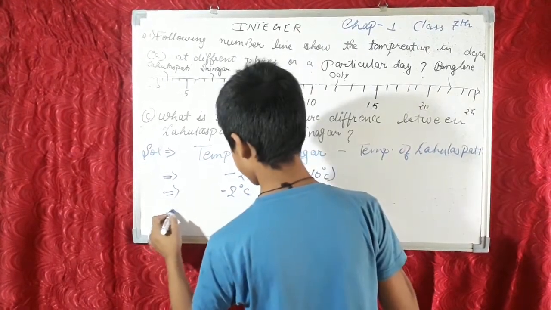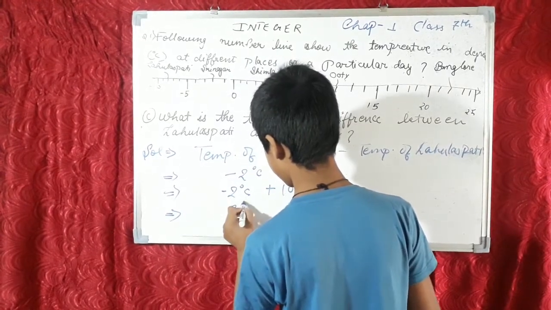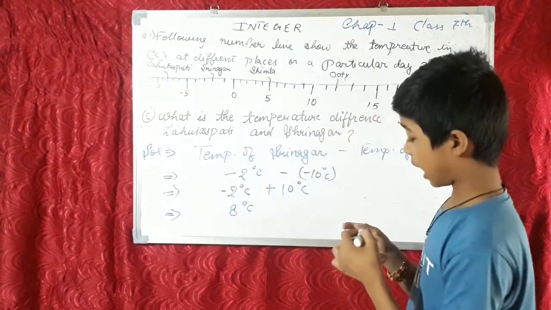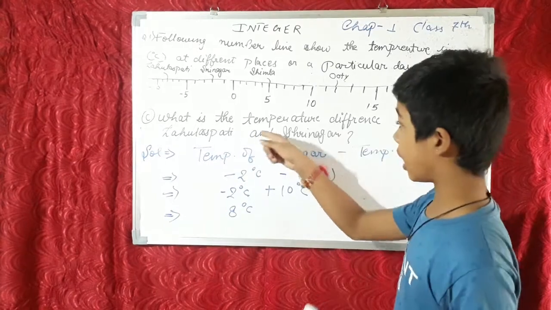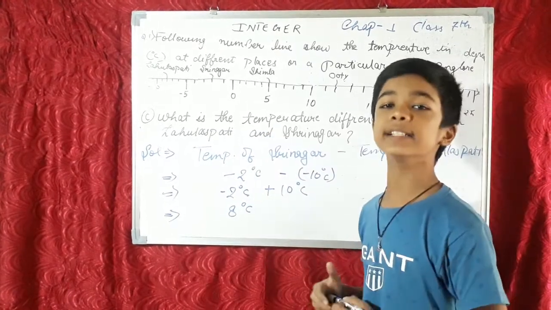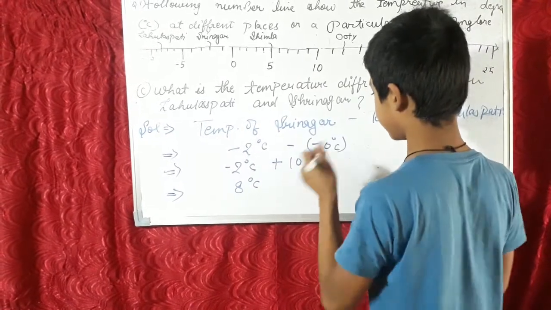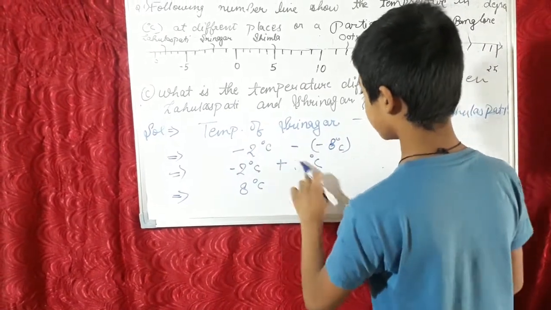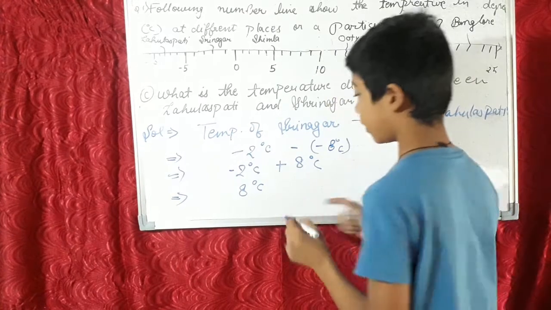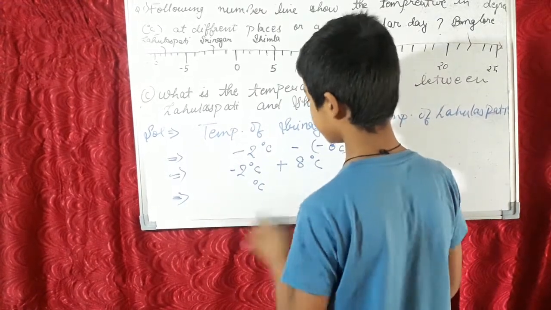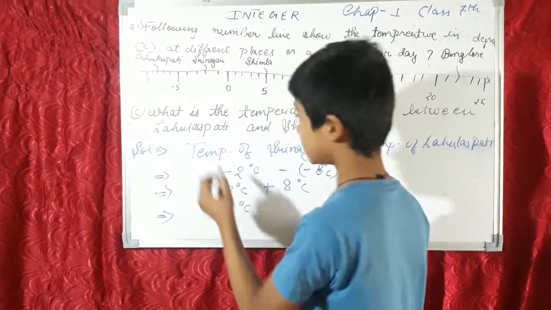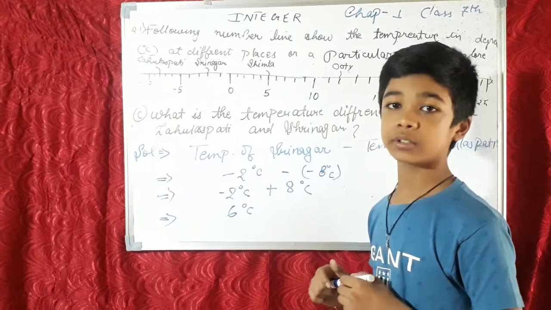We put one arrow sign. Then it is 8 degrees Celsius. So friends, here it is not 10, it is 8. So our answer will come 6 degrees Celsius. So this is the answer of part C.